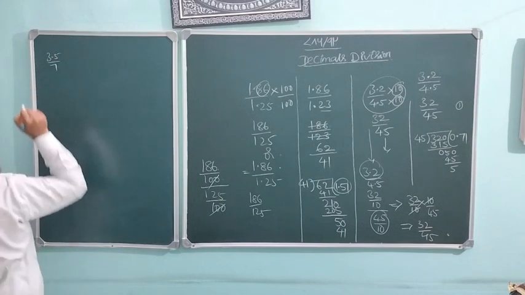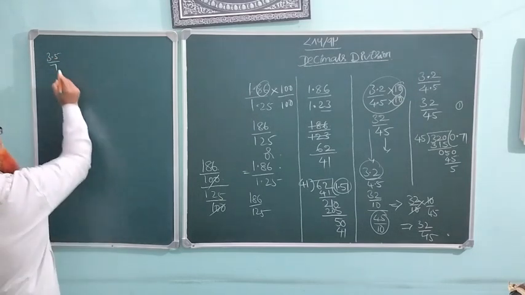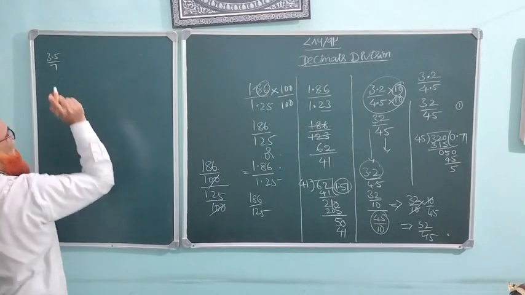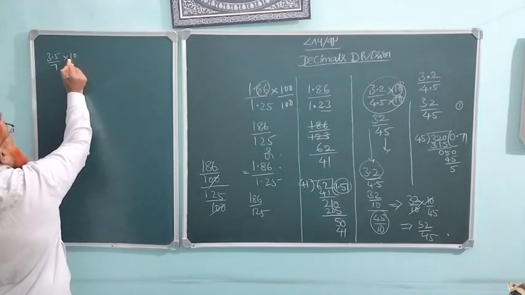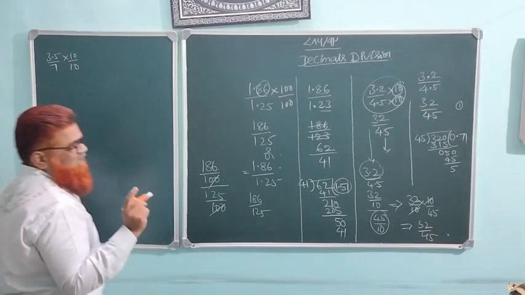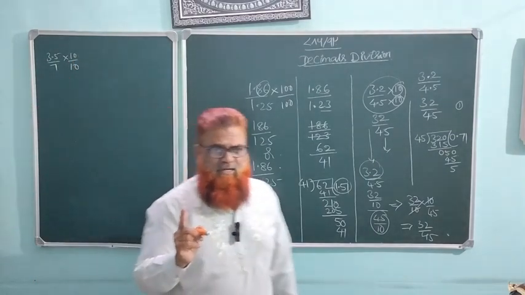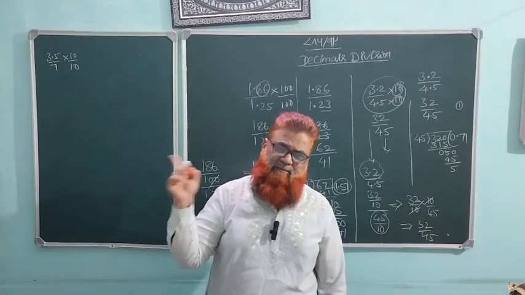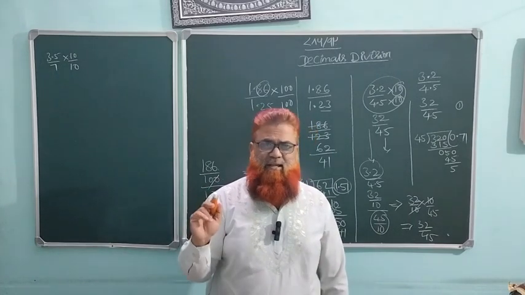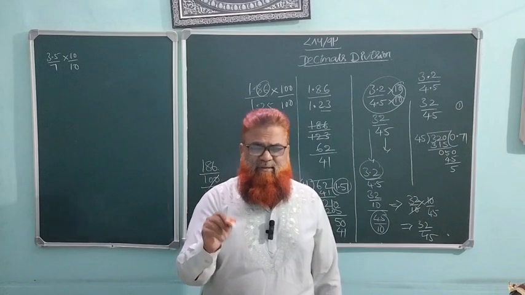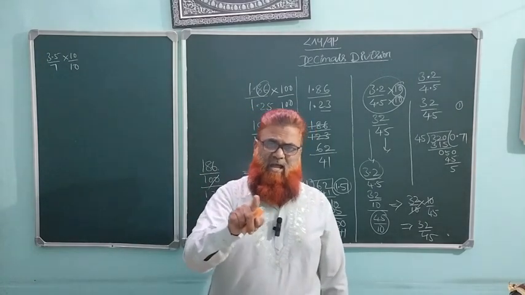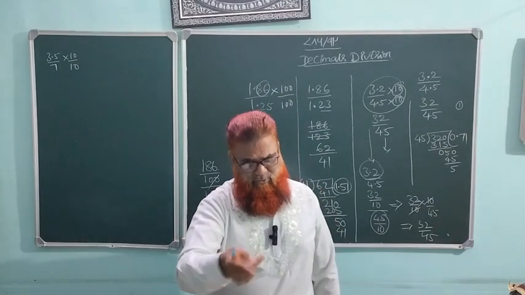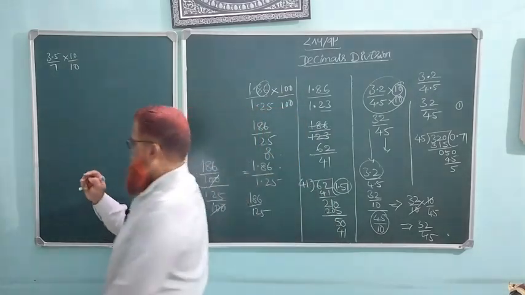3.5 by 7. As I told you, immediately after the decimal, if there is one digit, you have to multiply both sides by 10. If immediately after the decimal there are two digits, you should multiply by 100 so as to change it into a whole number.